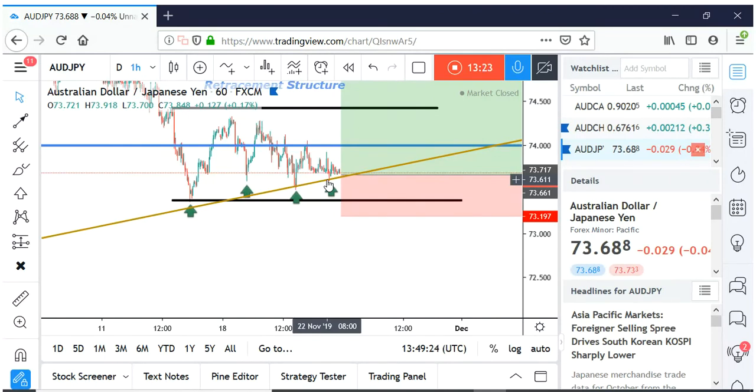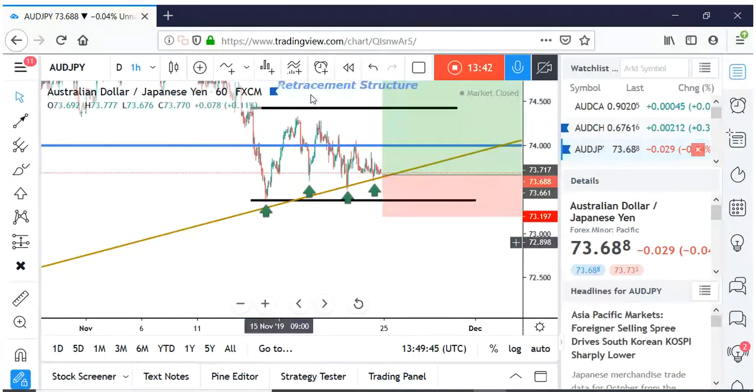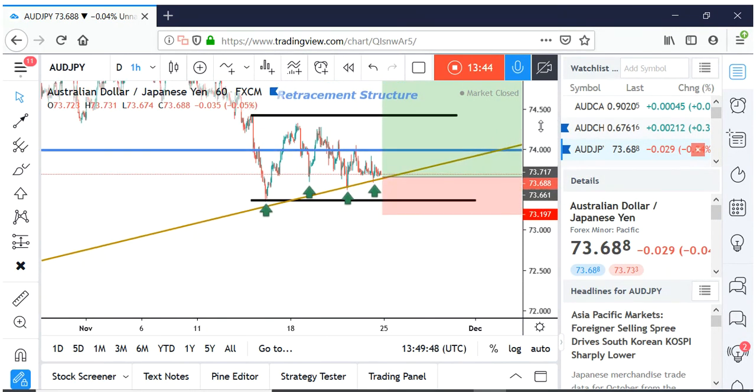So what are we expecting this week? I cannot tell you that the retracement has finished. I cannot tell you that. I don't know if there's going to be one more push up and then back down before heading up. But what I know is that this is a retracement structure that occurs in the market. That's what I can tell you.